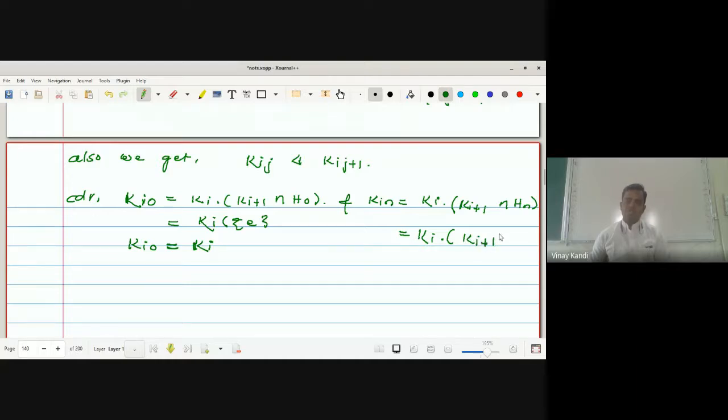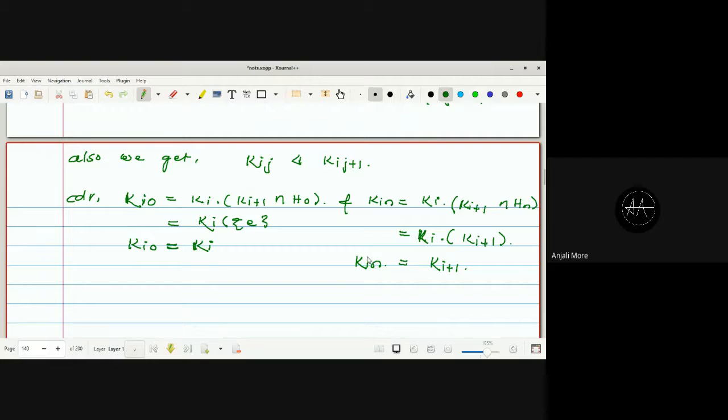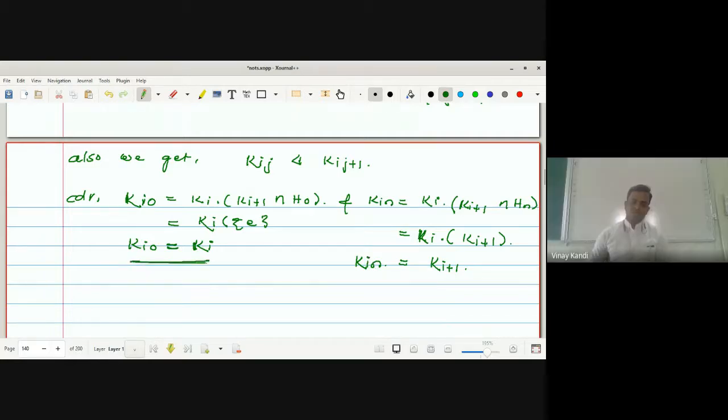Any doubt up to here? So we get Ki0 is equal to Ki and Kin is equal to Ki plus 1.